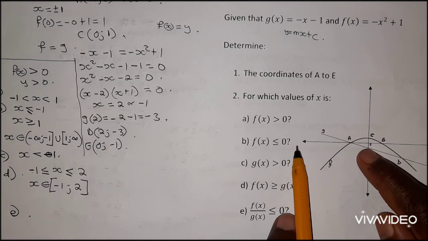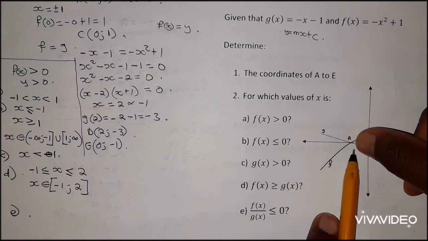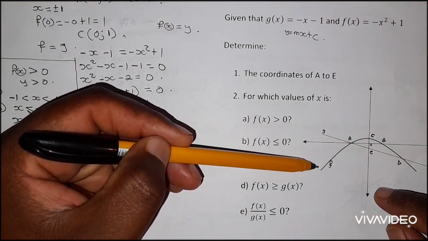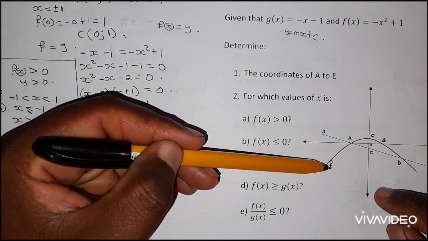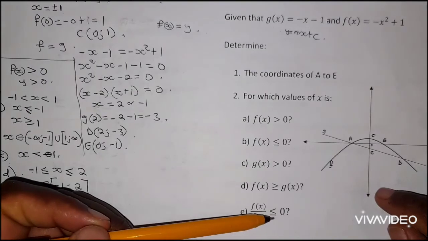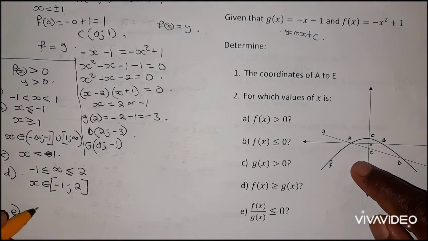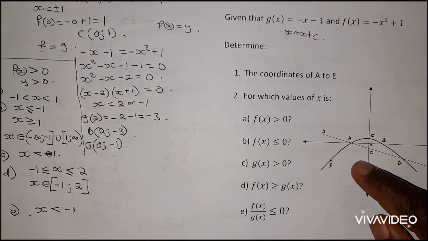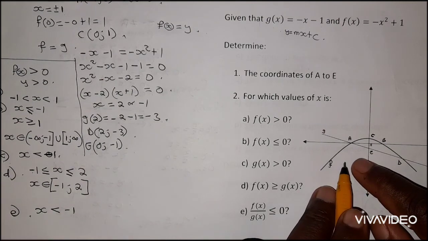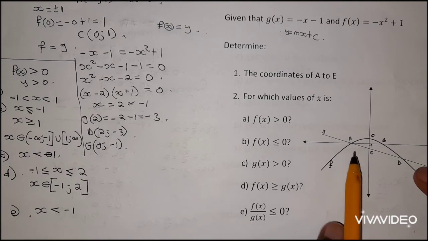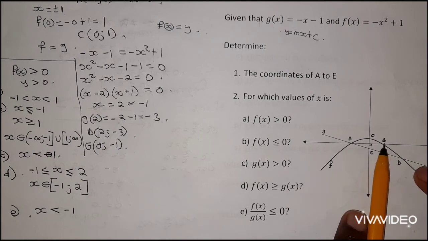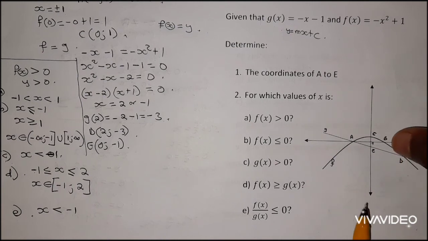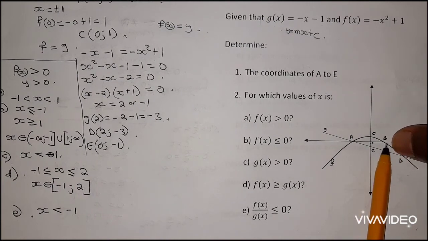If we come from -infinity coming to a here, you'll see that g is positive, f is negative. So if we say f divided by g, we get a negative there. So we are saying x is less than -1. Remember, a is -1. And then from a, we want the part where one is negative and the other one is positive. Again, this happens between A and B.